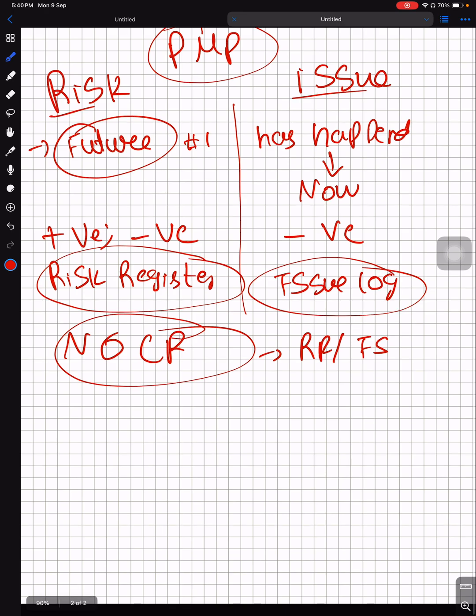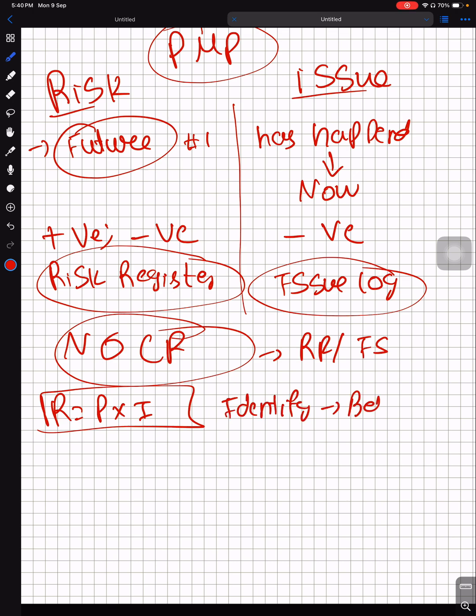Okay, now comes the most important difference. Risk is probability into impact. For anything to be a risk, you identify it before happening. Before happening, this is important. As I said, in the future, even if you identify it 1 minute before.